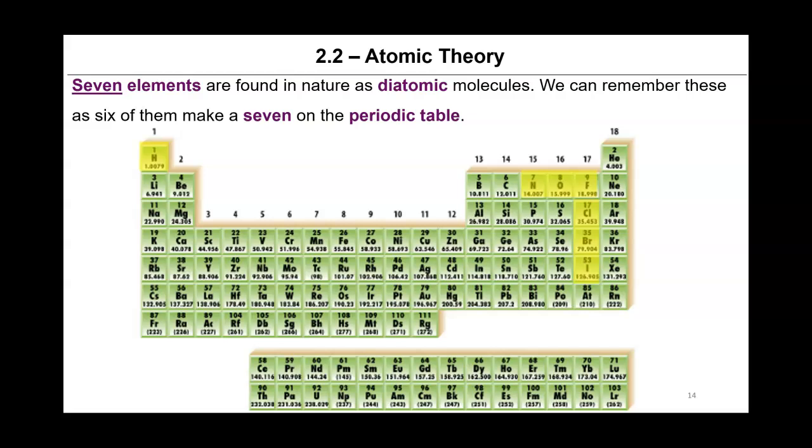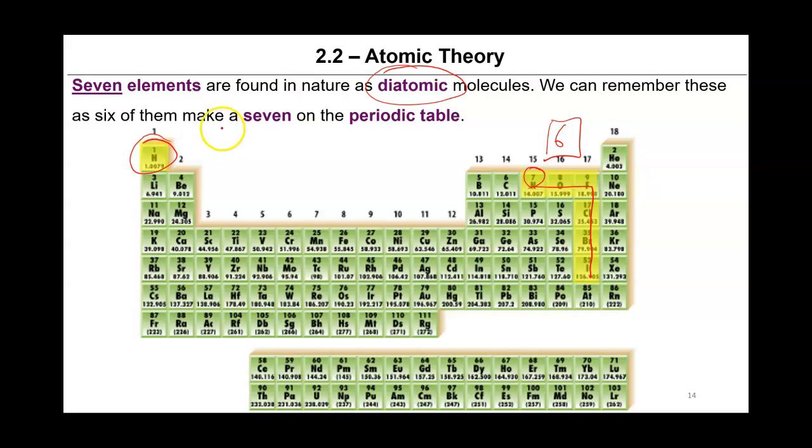Now, quite interestingly, 7 elements are always found in nature as diatomic molecules. There are a couple of ways of remembering what these 7 are. The first one is you go to element number 7, which is nitrogen, and you draw a letter 7. That will get you 6 of the 7 diatomic elements, and then we have to somehow remember that hydrogen is also a diatomic element.